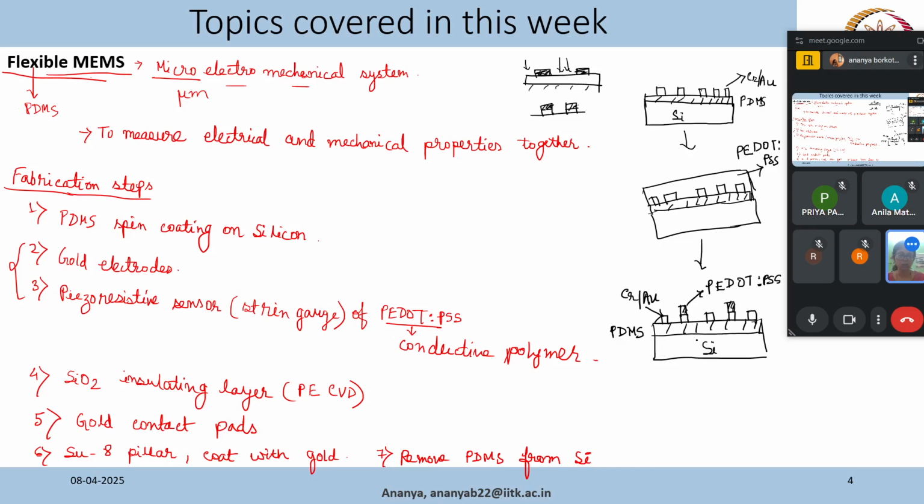Okay, the structure is not suspended, it cannot get bent. So we will ultimately remove this PDMS from silicon, but this is after the step. Okay, let's see the next steps.